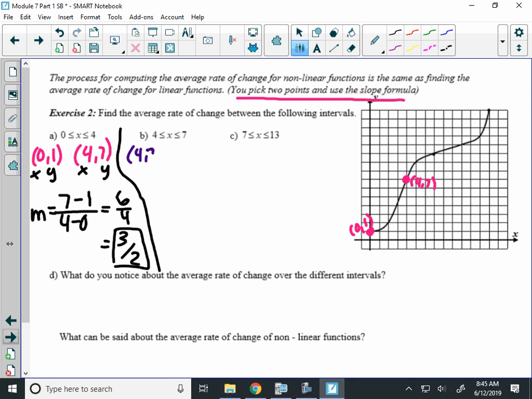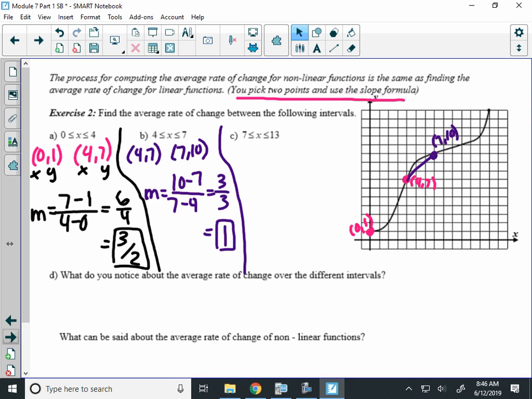And the ordered pair at 7 looks like it's at 7, 10. Okay, so I'm going to find the slope between 4, 7 and 7, 10. So I will have 10 minus 7 over 7 minus 4, which is 3 over 3, which equals 1. So the slope on that interval between those 2 points is 1.